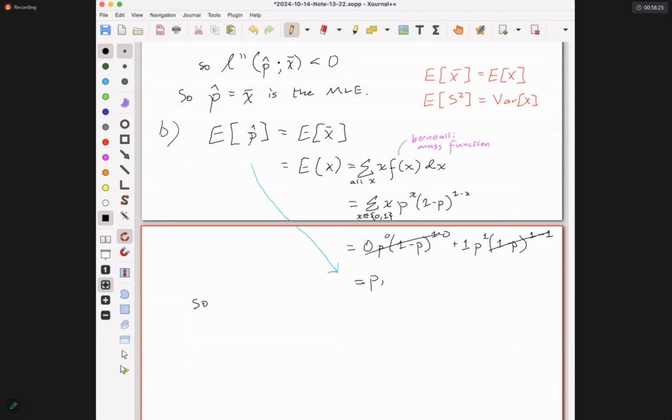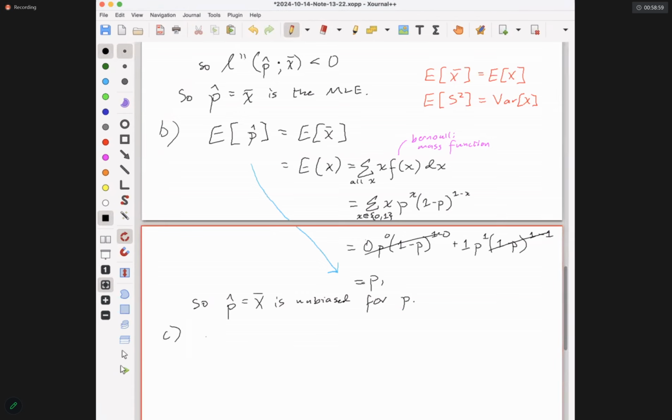So p hat equals x bar is unbiased for p. Do you have any questions about that? Okay.